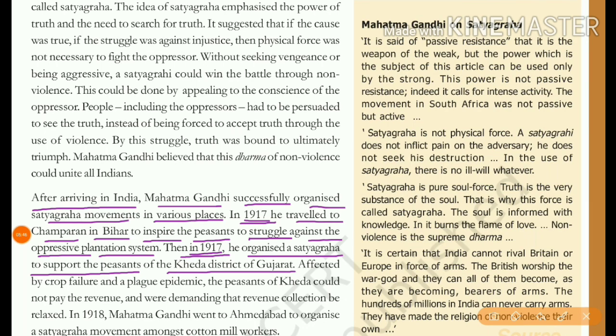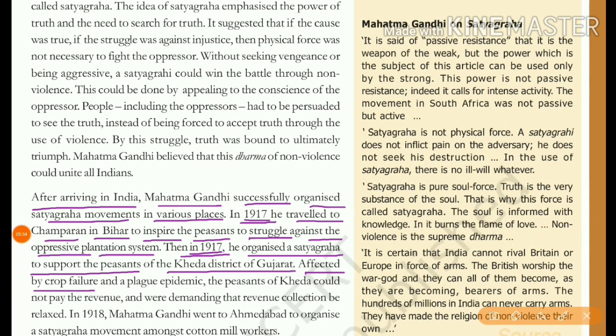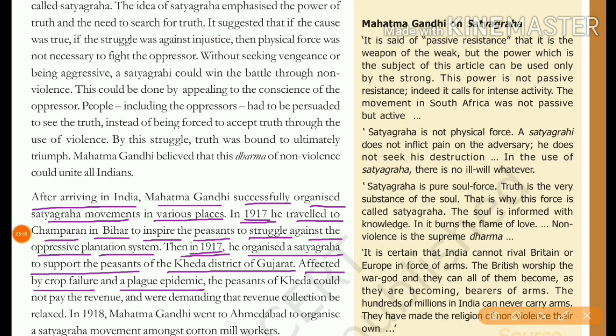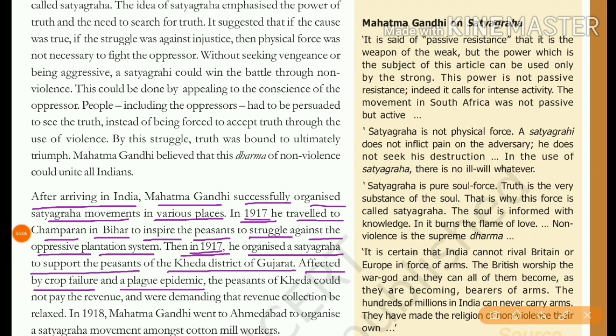He supported the peasants affected by crop failure. These peasants were affected by crop failure and a plague epidemic. An epidemic disease, a plague epidemic, means an infectious disease which spread throughout that Kheda district. The peasants of Kheda could not pay the revenue.